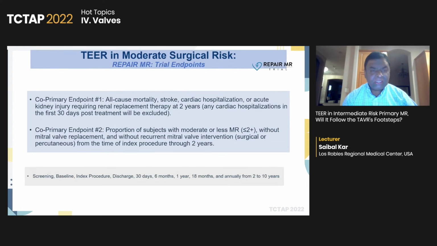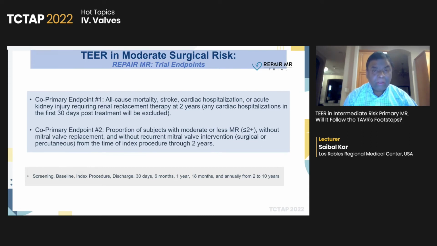Any cardiac hospitalization in the first 30 days post-treatment will be excluded. So we are not going to take the first 30 days. If there are admissions for heart failure or AFib in surgical patients, we are going to exclude all of that. Also, the cardiac admissions have to be specifically related to the disease. So if a patient comes in 5 years later due to an acute myocardial infarction, that's not connected, and that won't be added.